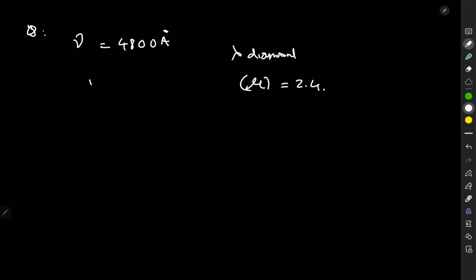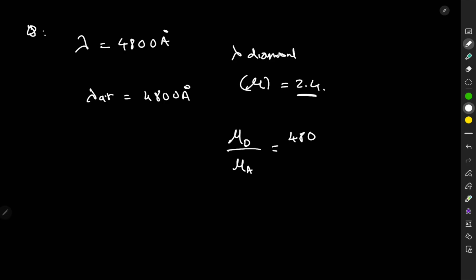So refractive index of air, wavelength of air. So wavelength of air is given as 4800 Armstrong, right? And refractive index is given. So diamond by air is equal to 4800 by diamond, right? Okay, we know this is 2.4.